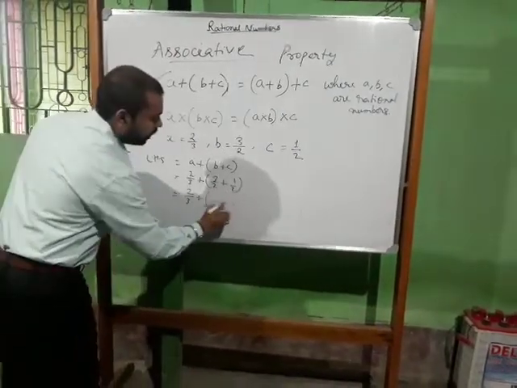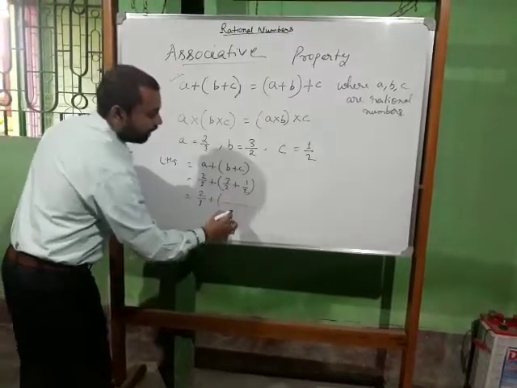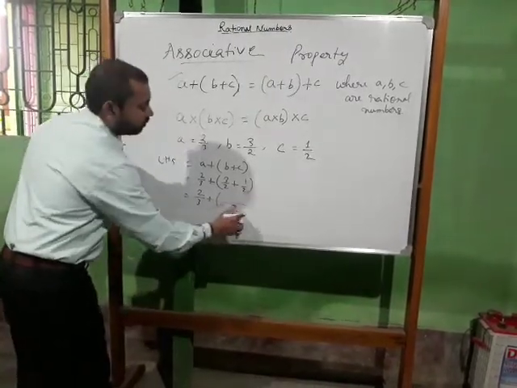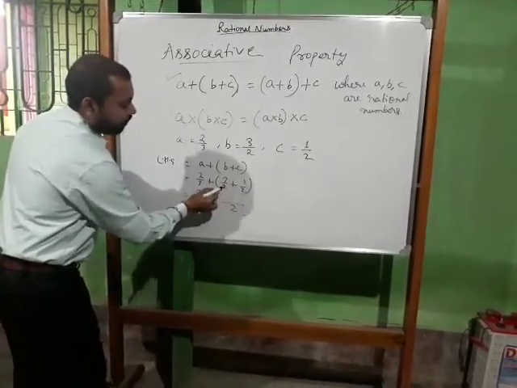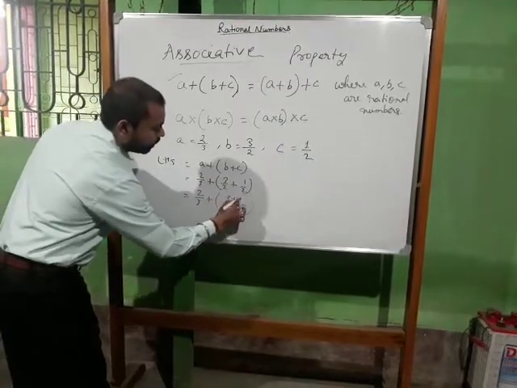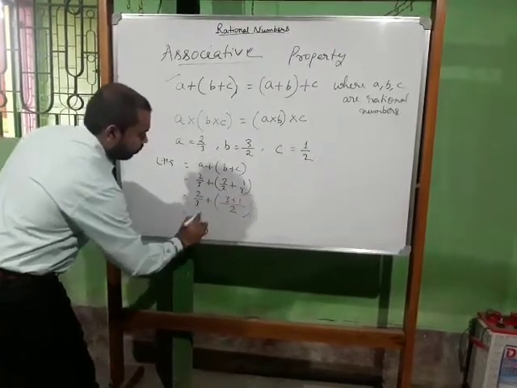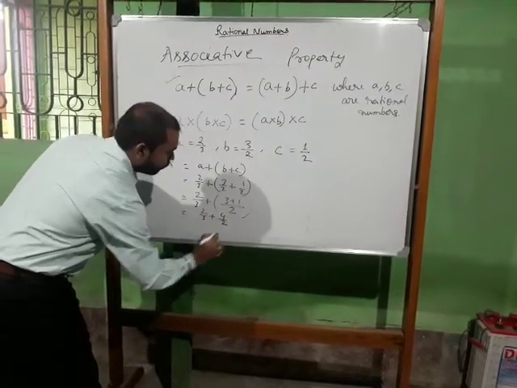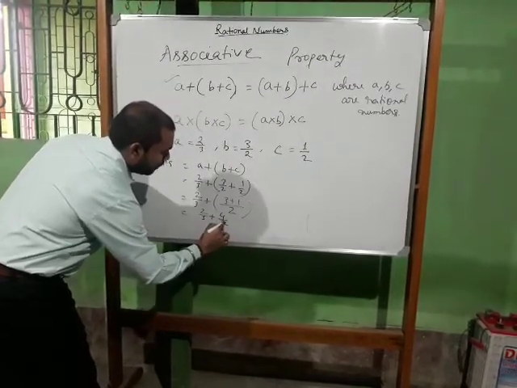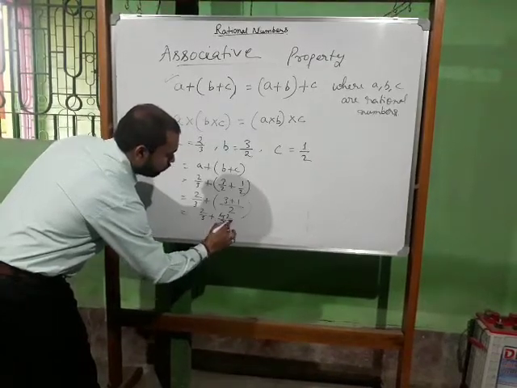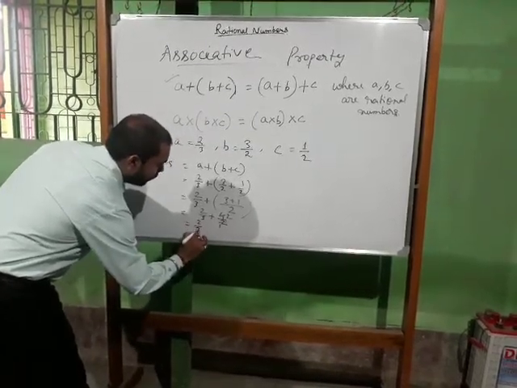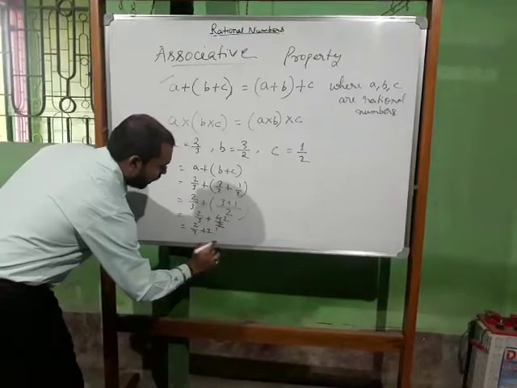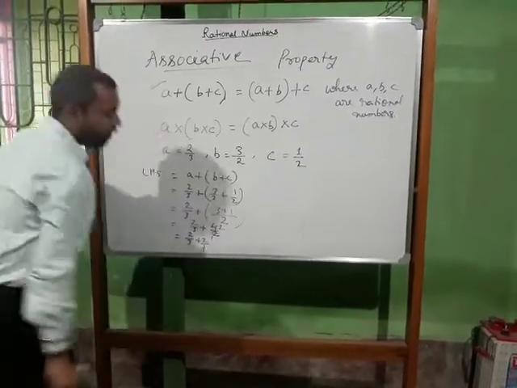So in the denominator, in both the fractions 2 is there, so the LCM is 2. Now as you know how to solve it, it will become 3 plus 1, so 2 by 3 plus 4 by 2, that means it will become 2, only 2. So 2 by 3 plus 2, that means 1 we can write.